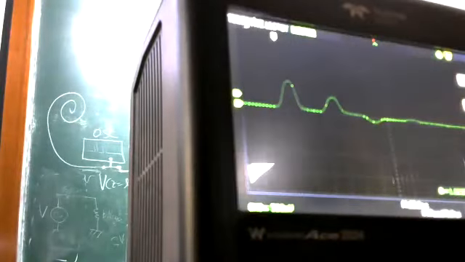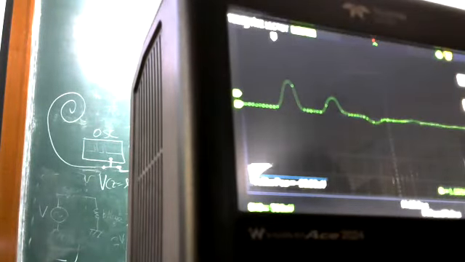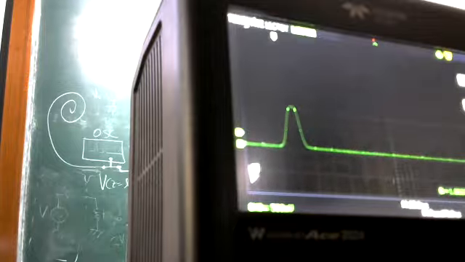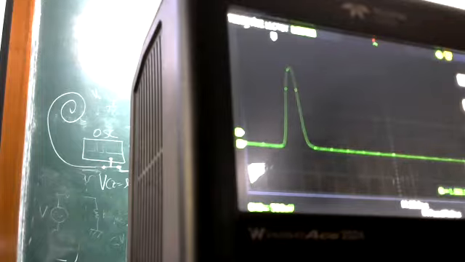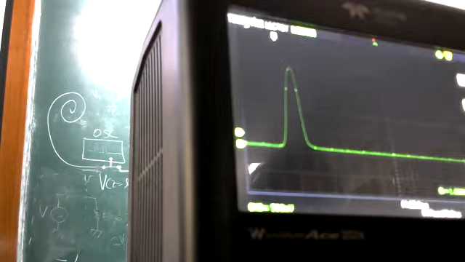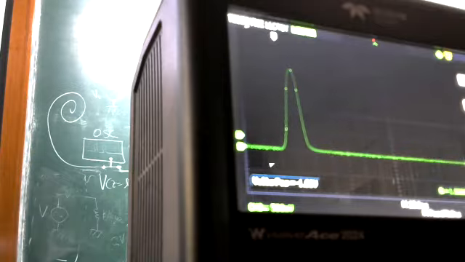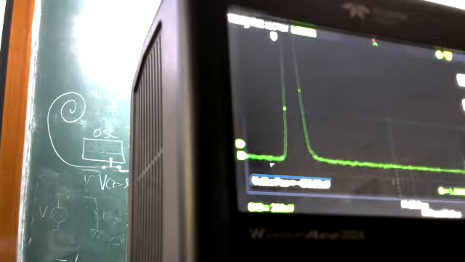Yeah. So in fact, let me bring this down here so that we have access to the full scale. I'm going to disconnect. I'm going to put it to 1 mega ohm. Okay, so right now it's set at 500 millivolts per division. Let's see if this will work.